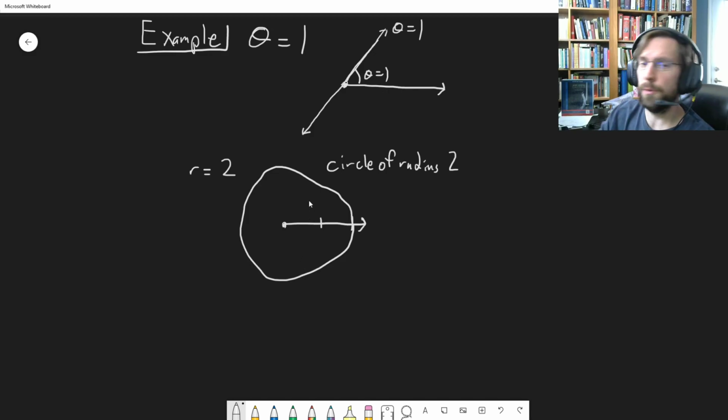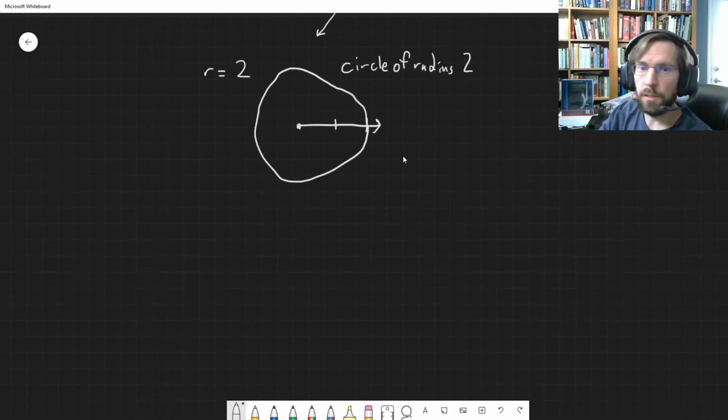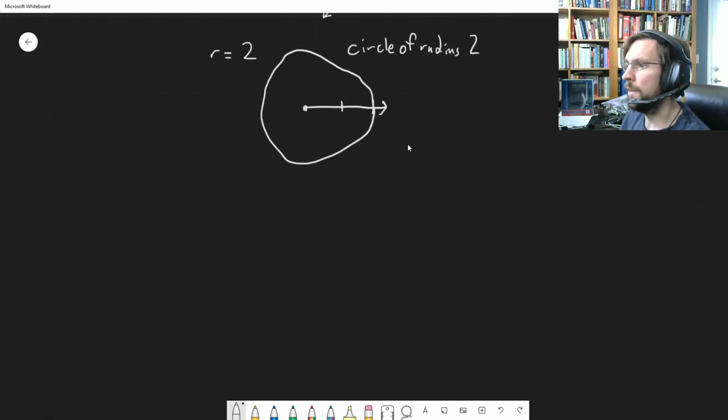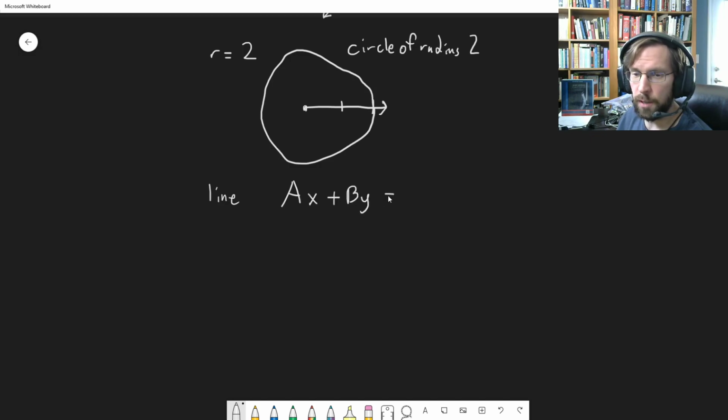And one other very simple idea is what happens if we have a line. So theta equals something is going to be a line always through the pole. But what happens if we take any line? Any line, if you recall, in Cartesian form is going to be ax plus by equals c, where a and b are both not 0.